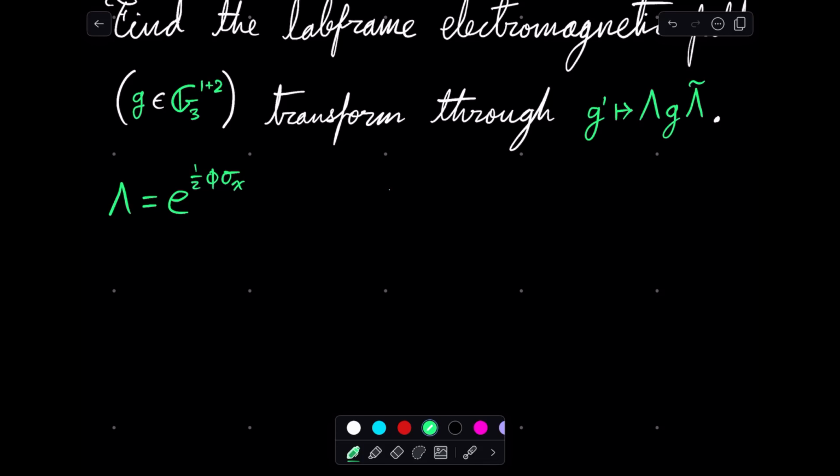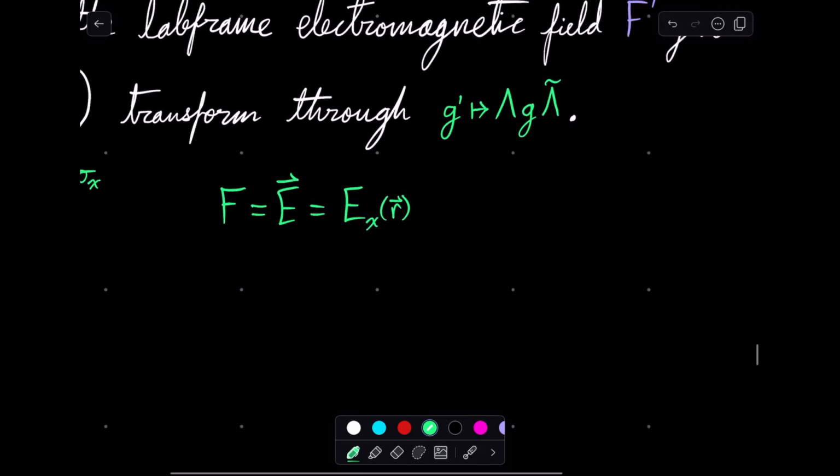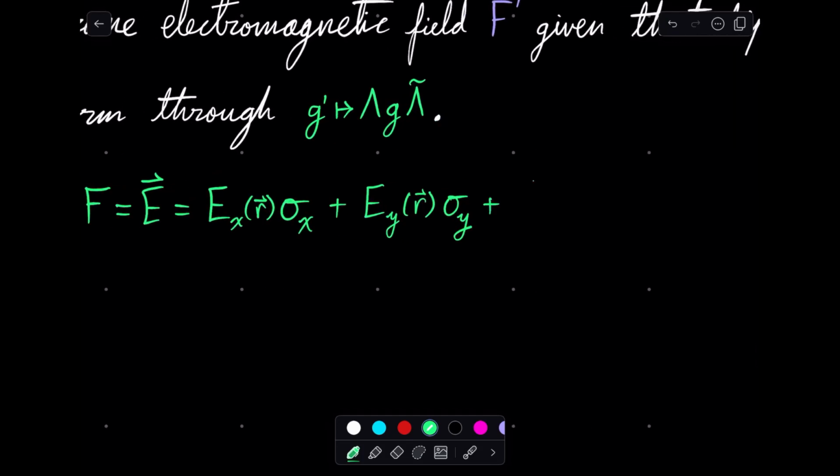So we can rewrite F, the original field, as equal to this vector E, which we can then break into an x component that has that value at position r, and that sigma x, plus E y, the value at r, sigma y, plus E z, the value at r, sigma z.